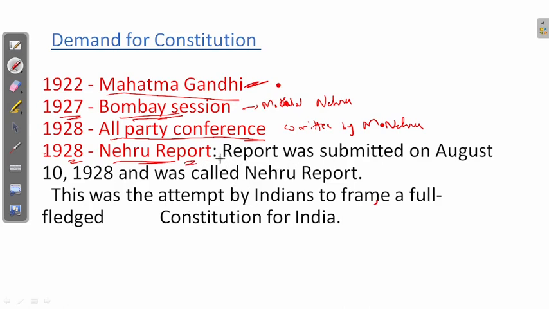In 1928 itself, a report was submitted on August 10th and was called the Nehru Report. This was written by Motilal Nehru. This was the attempt by Indians to frame a full-fledged constitution for India.